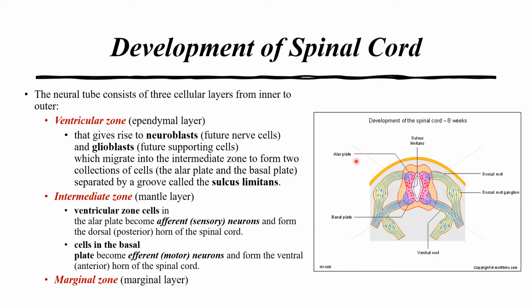Okay, so this is the alar plate, and then this one is the basal plate. They are separated by a groove you call the sulcus limitans. So this is the sulcus limitans.